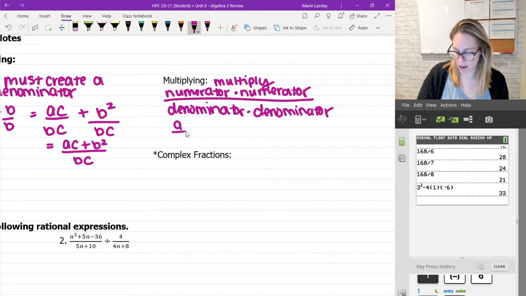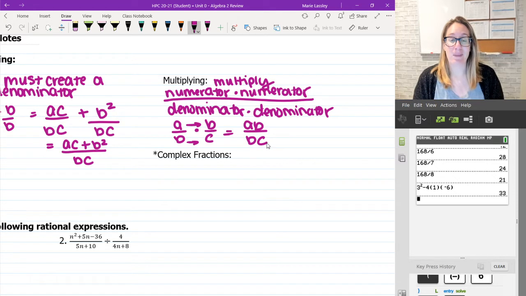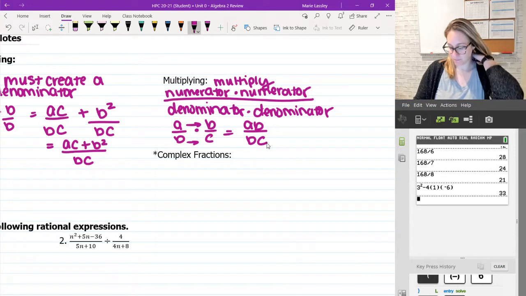So if we had a over b times b over c, you just multiply straight across. So a times b over b times c. That's it. Multiplying is by far the easiest one. The only thing you have to remember when multiplying is if something can be simplified first, you definitely want to simplify before doing anything else.